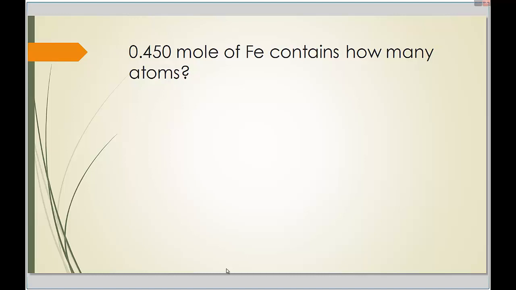0.450 moles of Fe contain how many atoms? Fe is an atom, so I don't have to convert it down any further. 0.450 moles over 1. I see the word atoms, so I know I need to use 6.022 times 10 to the 23rd, because that's the key term. Atom is one of the 4 key terms for Avogadro's number.